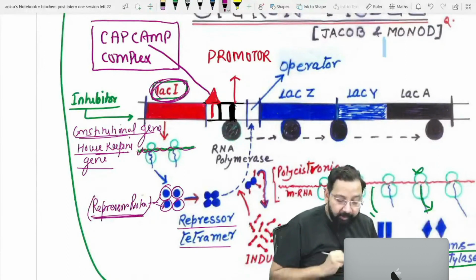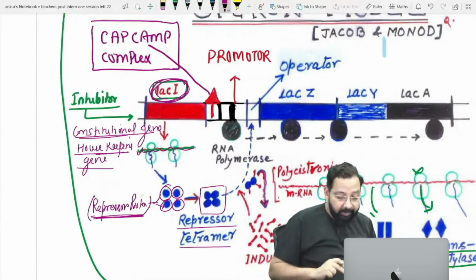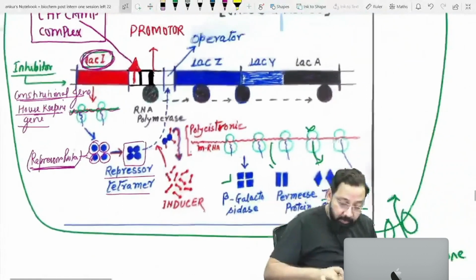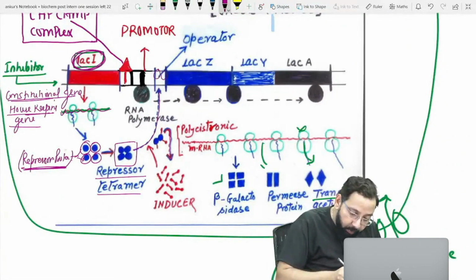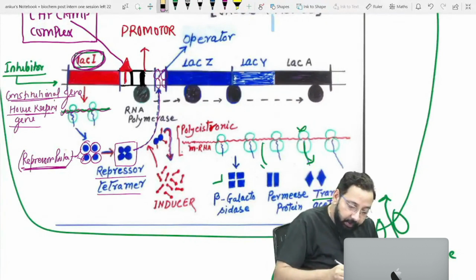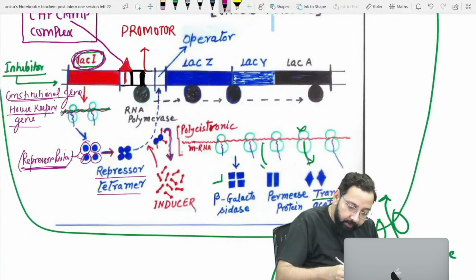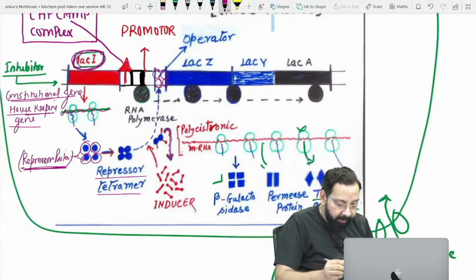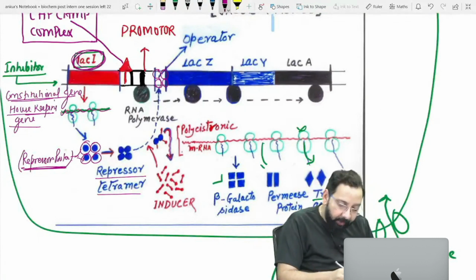Every time, this constitutional gene synthesizes repressor protein, and these repressor proteins form a tetramer. This tetramer goes and binds to the operator region. How will you remember?